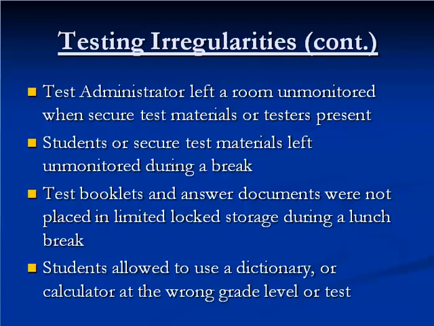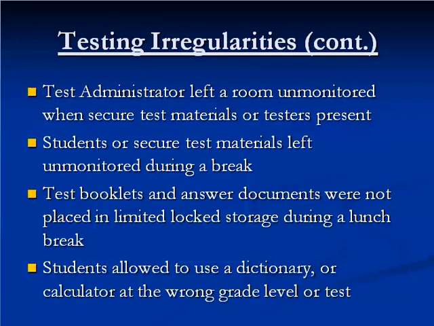In addition, a test administrator leaving the room unmonitored when secure test materials are present would be an irregularity, as would students or secure test materials being left unmonitored during a break.